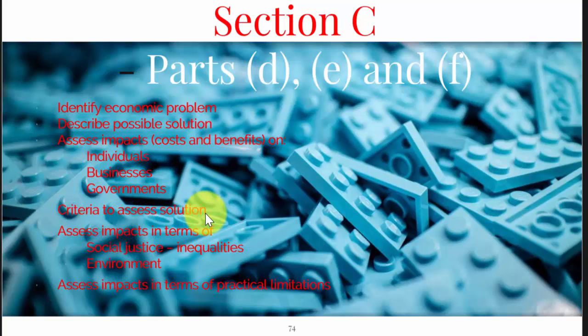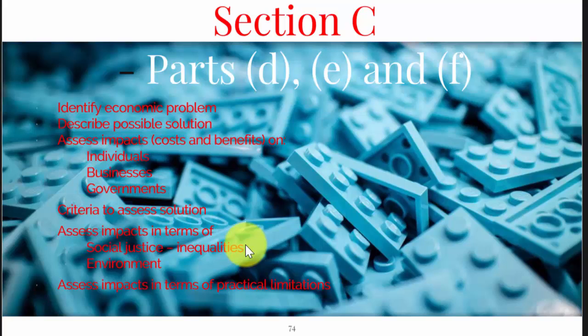That is usually related to the economic objectives, and assessing the solution in terms of impacts upon social justice, environment and practical limitations. So you can see there's much similarity in these questions to criterion 3 as well.